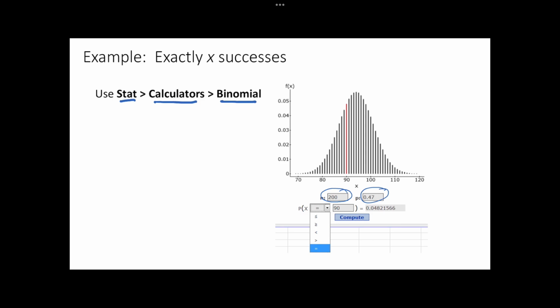We're going to make sure that we pick equals because we want the probability that exactly 90 say yes. Then we plug in the 90 here and click Compute, and out spits our probability of 0.048. So the probability that X is 90, again, is 0.048.